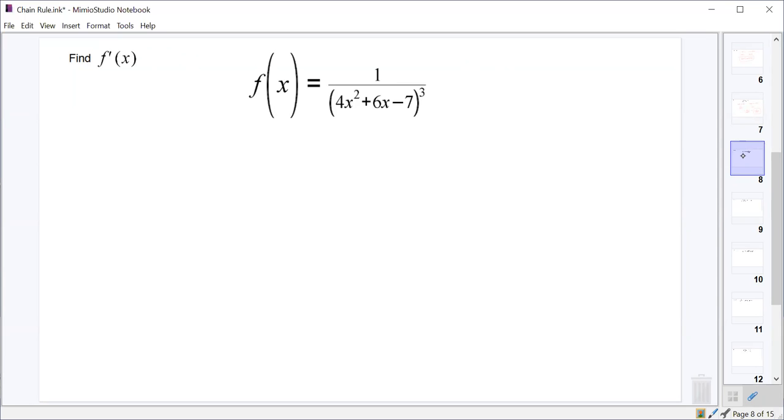Or how else could we write 1 over u cubed so that we didn't have to use the reciprocal rule? u to the power of -3. Yeah, u to the power of -3. So we've got y equals u to the -3 with u equal to 4x squared plus 6x minus 7. And if we can write it in this form, we can just use the power rule for that, which is what?